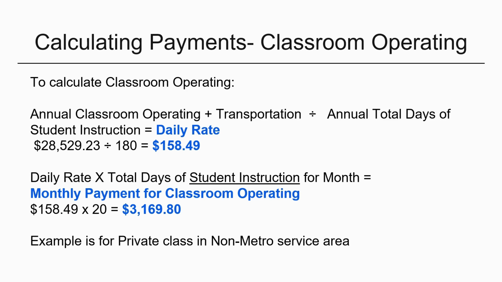Entering $158.49, multiplying that by the number of instructional days in the month that the payment is for. In this example, children came to school for 20 days in this program. So 158.49 times 20 gives us an operating payment for the month of $3,169.80. So that's our bucket for operating expenses.